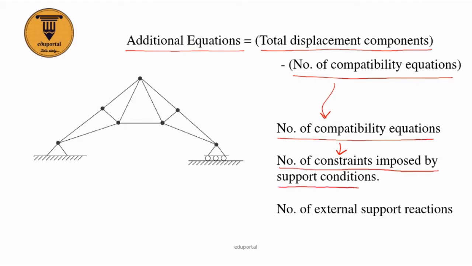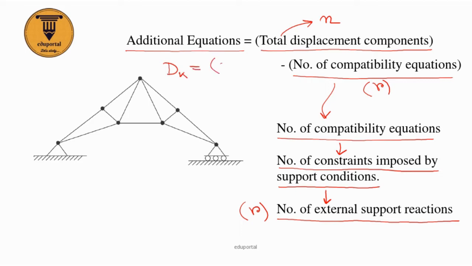In other words, it is the number of external support reactions, denoted by R. So the number of compatibility equations equals R. Suppose total displacement components equal N, and the number of additional equations, that is the kinematic indeterminacy, is denoted by dk, so it is equal to N minus R.